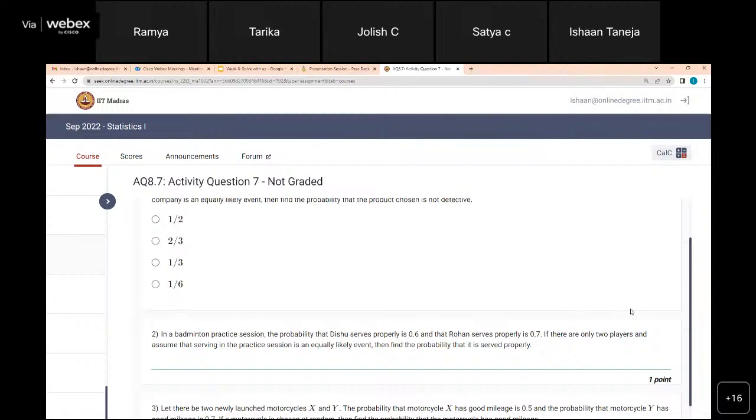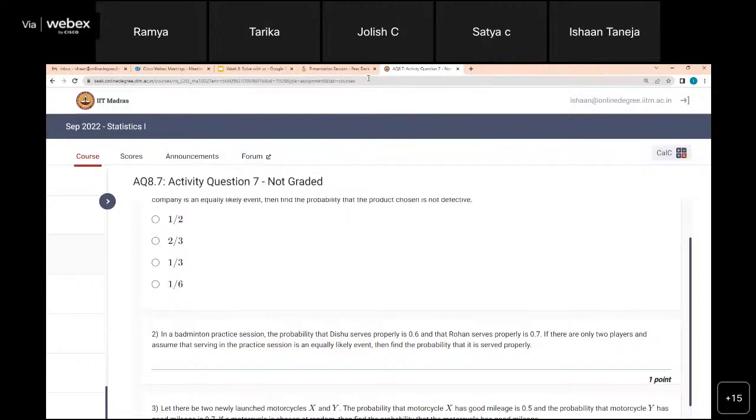I multiplied both their serve probabilities given there, 0.6 and 0.7. But why so? What's the logic behind it? Because this is their probability of serving correctly. But only one of them would serve, right?